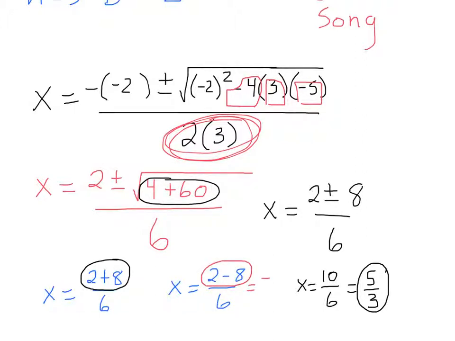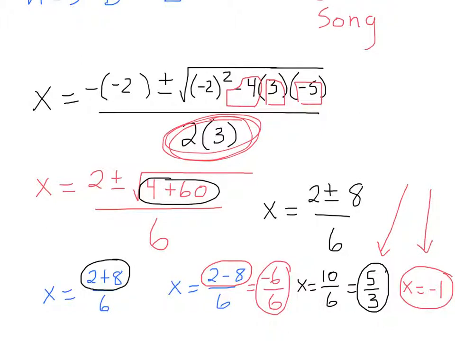So I've got negative 6 over 6. And negative 6 over 6 is negative 1. So my second answer is x equals negative 1. And so I've got two answers: 5/3 and negative 1. So I just solved this quadratic equation using the quadratic formula.